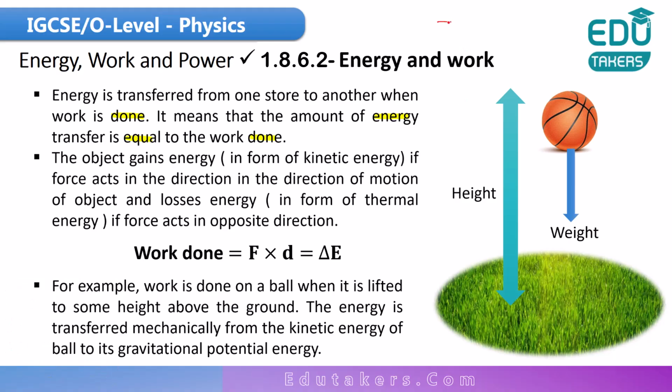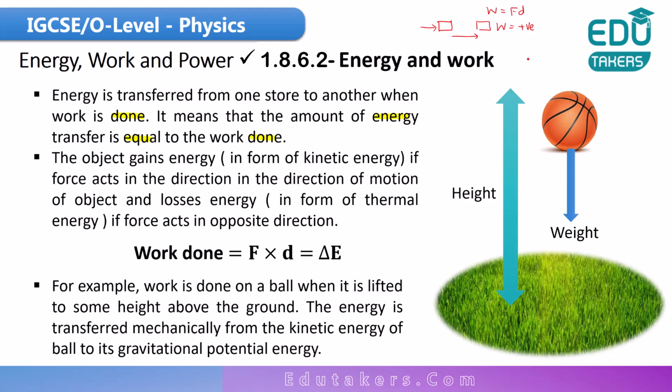if here is an object, I apply a force on this object and this object displaces in the same direction, then in this case the work is the product of force and distance. The work would be positive because the object displaces in the same direction as the applied force.